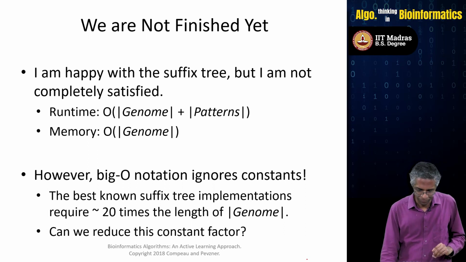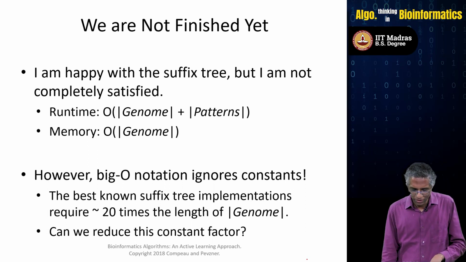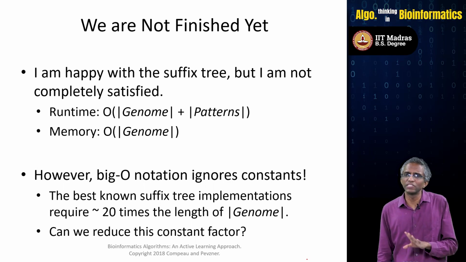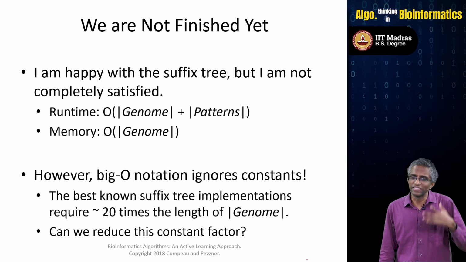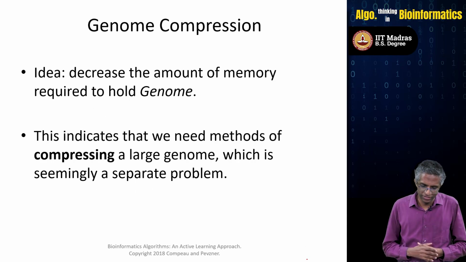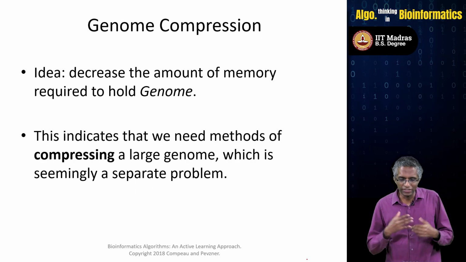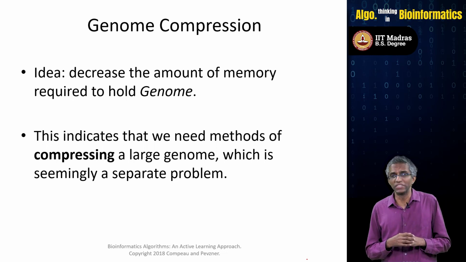So how do we reduce this constant factor? This is where this elegant idea of the Burrows-Wheeler transform comes in. And like I said, let's see it, and then you will appreciate its elegance.